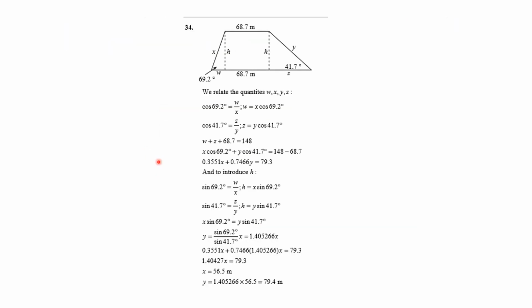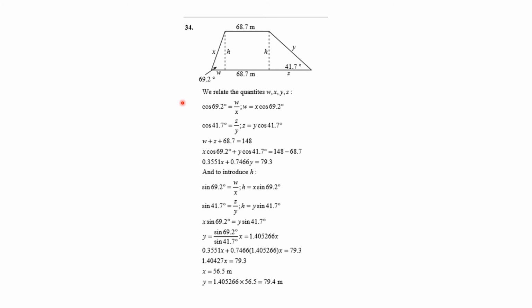Well, what we're doing is we're dropping the perpendicular from the top base to the bottom base, and that allows us to figure out some things. And so when we do that, we're going to relate the quantities w, x, y, and z in my figure. Okay, so the cosine of the 69.2 degrees angle is going to be w over x.